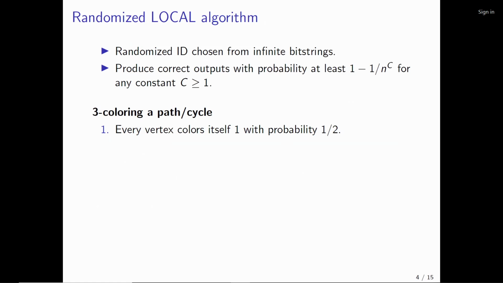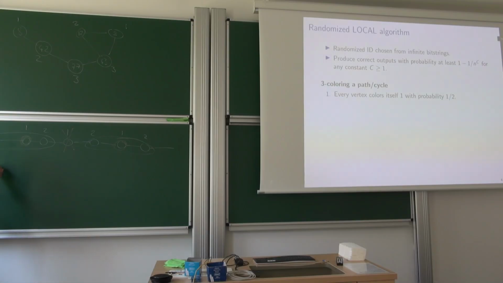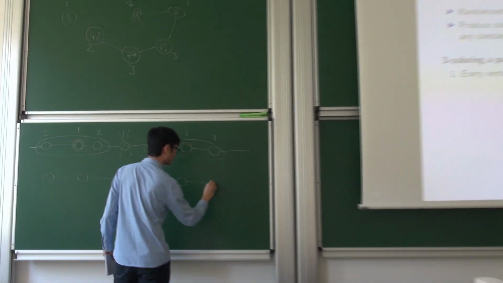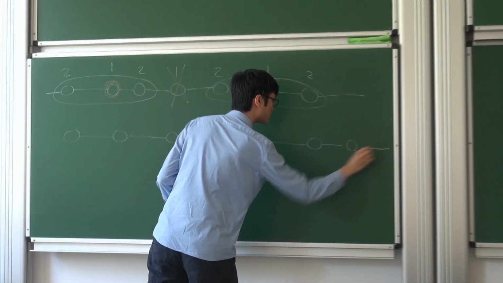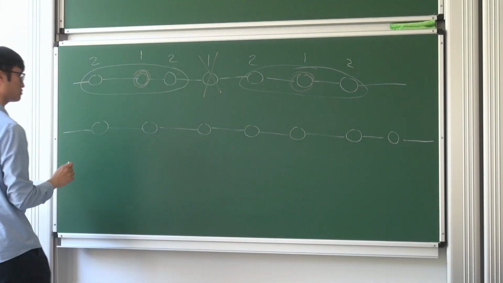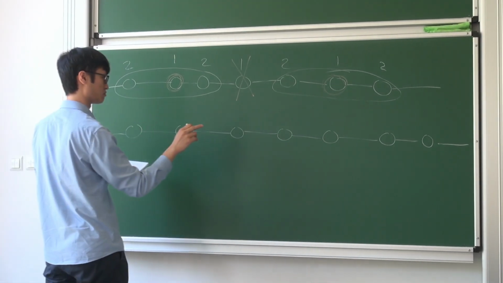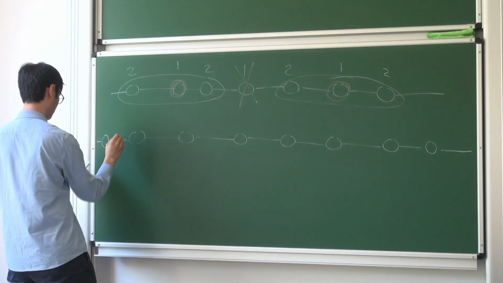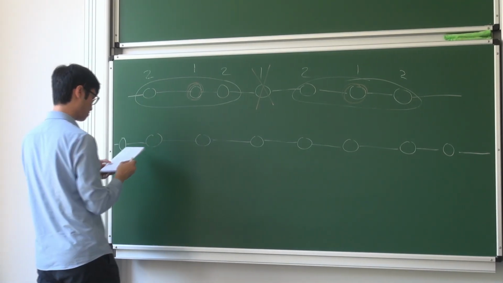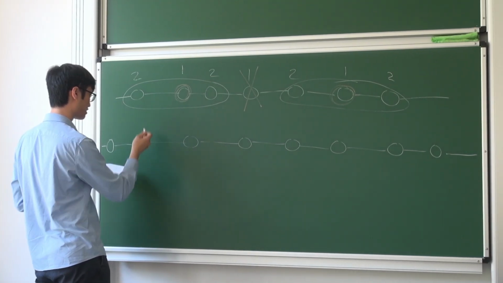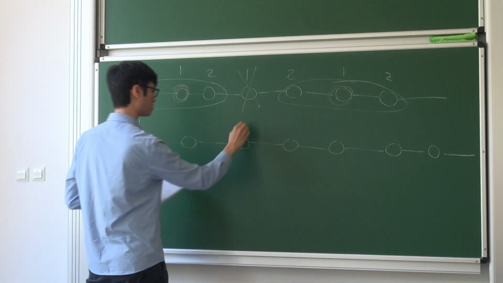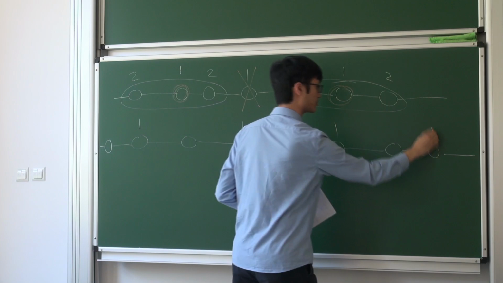Maybe I can draw it below. So we start out with a rather simple coin flip. And then, let's say that some of these get color 1, say this one, these 3, and then maybe this one.